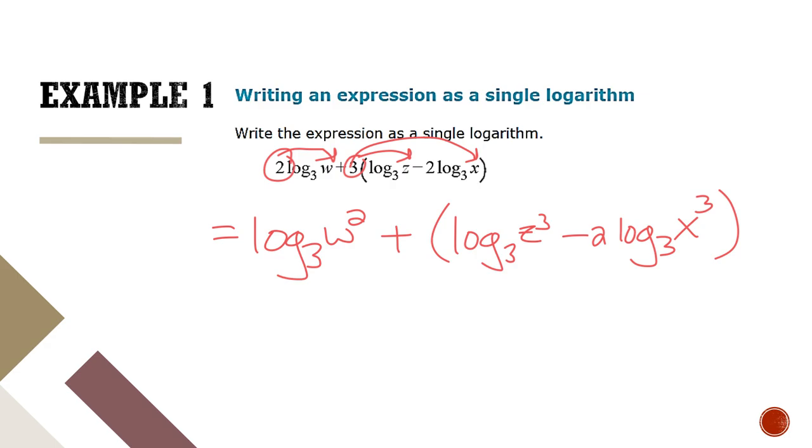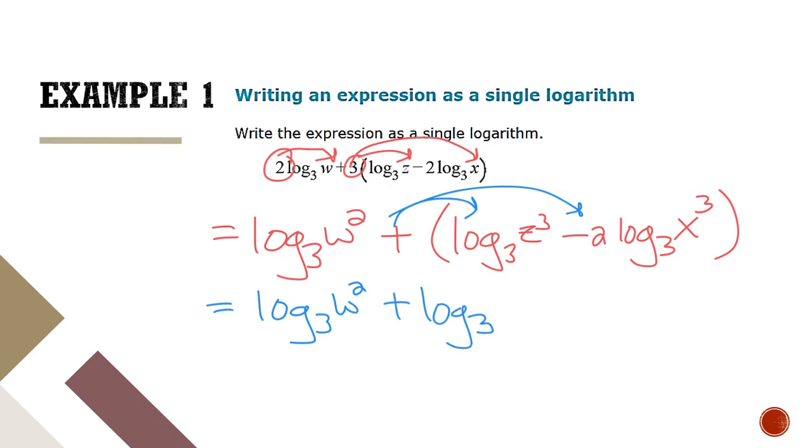So this is log base 3 of w squared plus, and let's distribute this plus sign out, the log base 3 of z to the third, and then minus log base 3 of x to the 3 times 2, or x to the 6th.